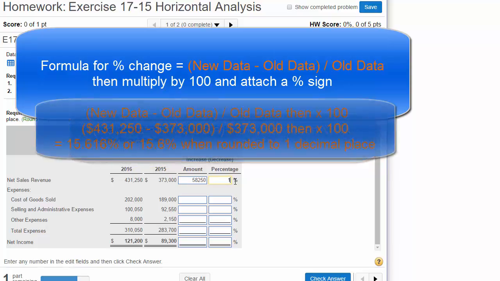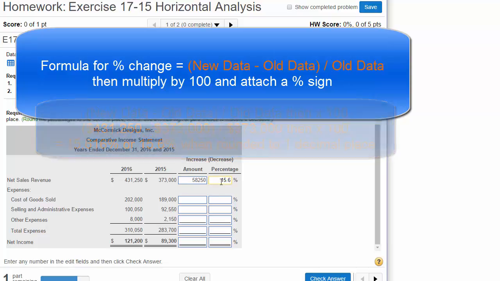That gives us 15.6, rounded to one decimal place. Without rounding, it's 15.616, but the authors want us to have one decimal place. So it looks like revenues increased almost 16%.